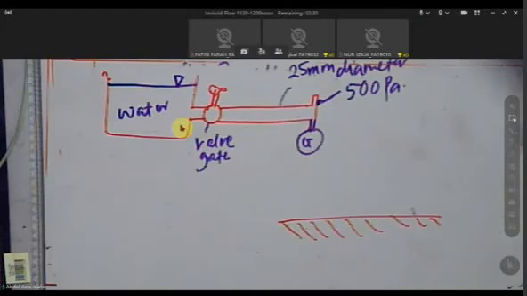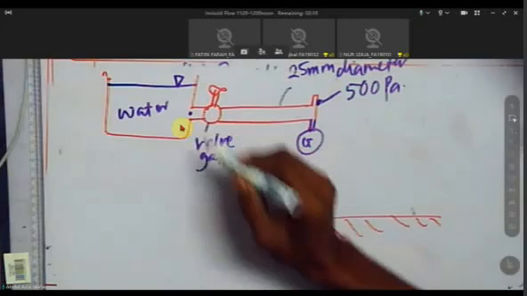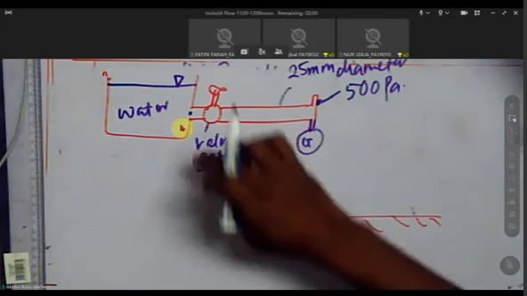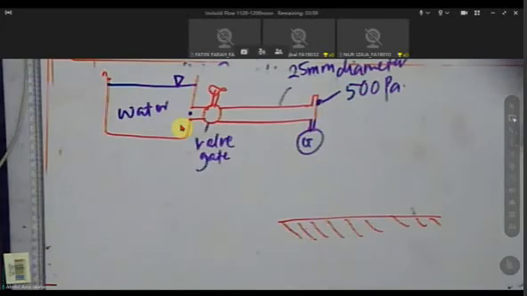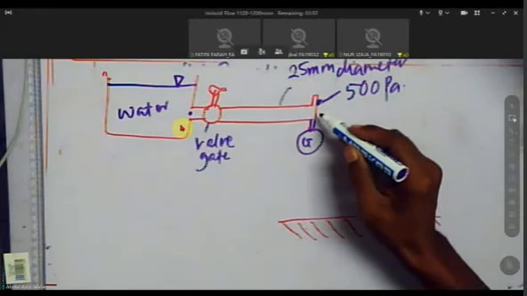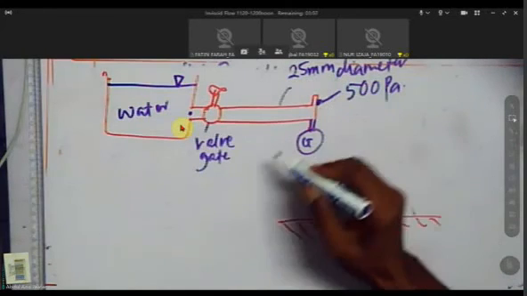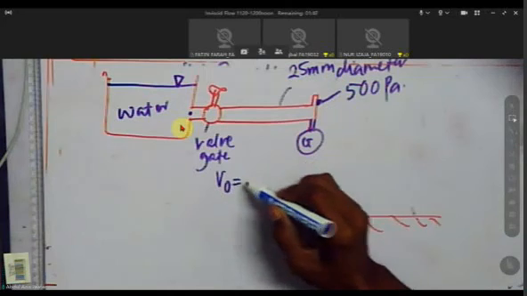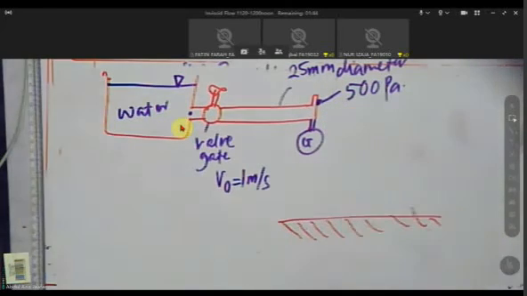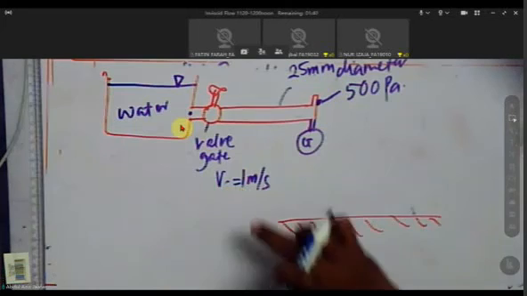And from the pressure drop, let's say the other pressure gauge that we use reads 1000 Pascal. Using these two pressure gauges, we estimate that the average velocity here is 1 meter per second. So the velocity at this position is 1 meter per second.